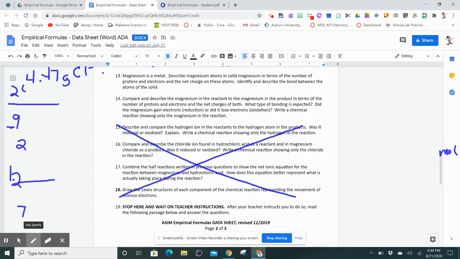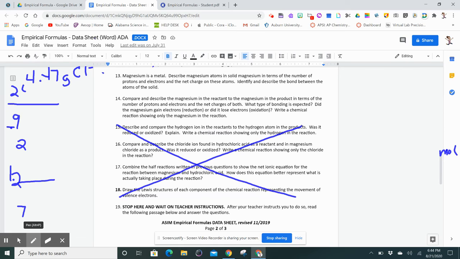In 14, it's asking us to describe the magnesium in the reactant and the magnesium in the product in terms of the number of protons and electrons. So the magnesium metal versus magnesium chloride. How many protons, how many electrons does it have? Magnesium metal is going to be neutral, so it's going to have the same number of protons as it does electrons, which is its atomic number.